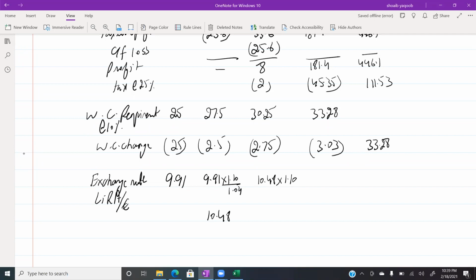Next year it will be 10.48 into 1.1 divided by 1.04. 11.09. Next year 11.09 into 1.1 divided by 1.02. 11.96. 12.89.